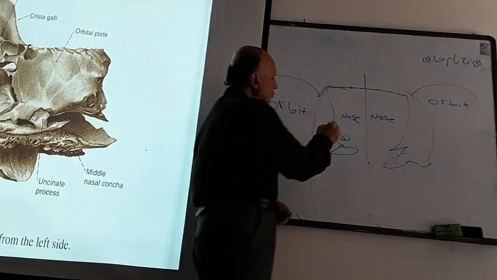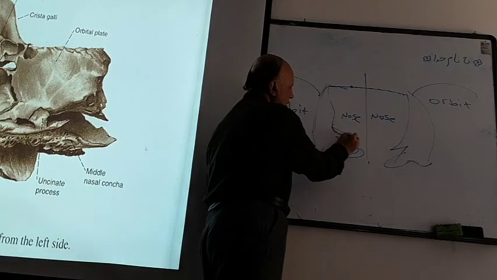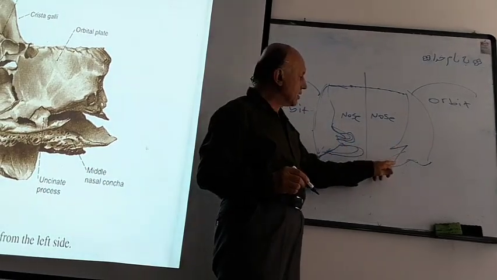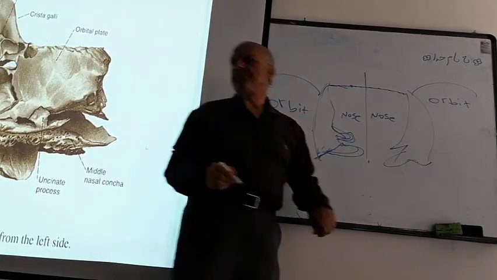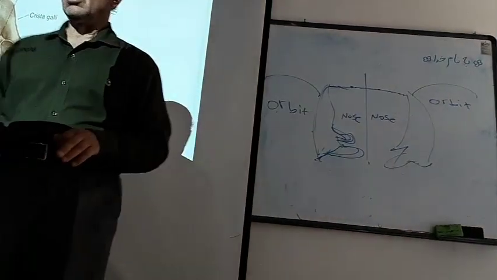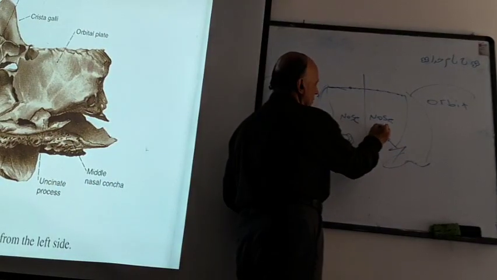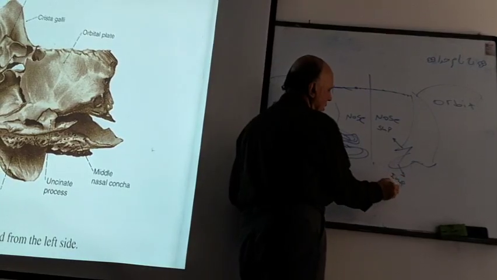It has two processes here. One is small, another is very large. These are named concha. This is superior concha, and this is inferior concha.